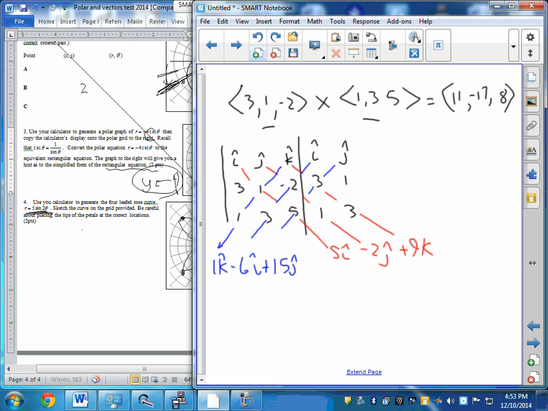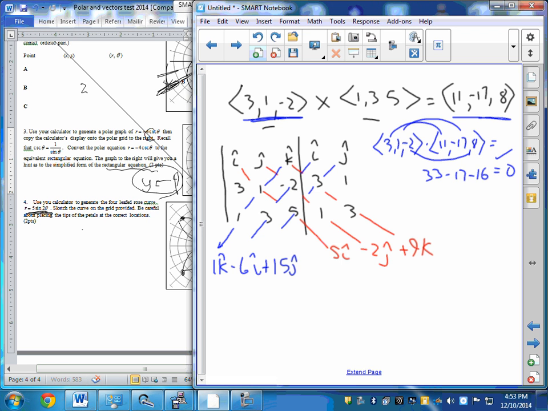So we should dot this with the cross product and expect to get 0. 3, 1, negative 2, dotted with 11, negative 17, 8, will be 33, minus 17, minus 16 is 0, sure enough. And the second one, we've got 1, 3, 5, dotted with 11, negative 17, 8 is supposed to be 0.